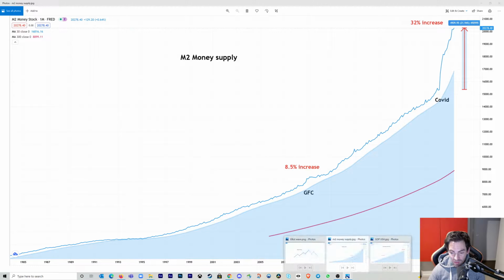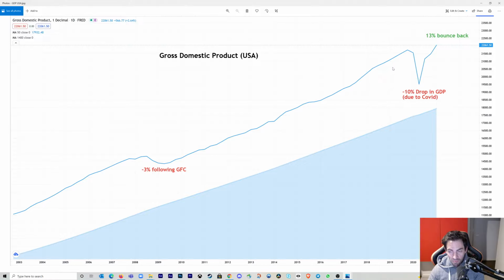Now, that has been offset somewhat by productivity. So during the COVID crash, businesses are closed and there is less productivity going on. What we're looking at here is the gross domestic product for the USA, and you can see there was a 10% drop during COVID, but now it's bounced back about 13%, and we're not quite at the same trajectory that we were at, but we are getting very close.